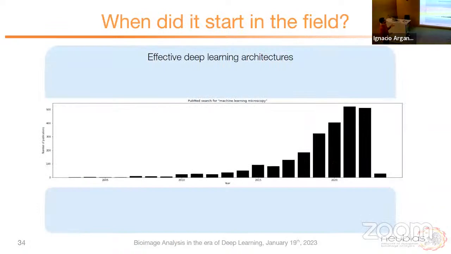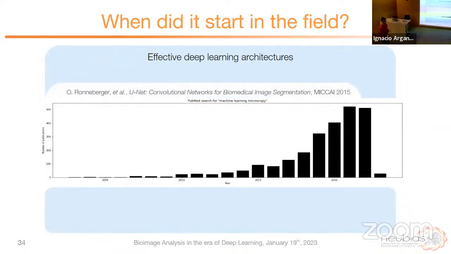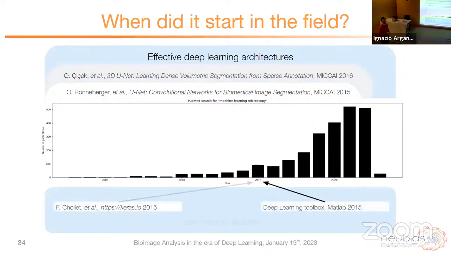Everything started more or less in the year 2015 because there was the appearance of the first convolutional network specific for biomedical image segmentation. Actually, it was presented like that. It used a data set that I proposed, but then it's the basis for many works, as we will see. It was a 2D version. In 2016 came the 3D version, which is just changing filters from 2D to 3D.